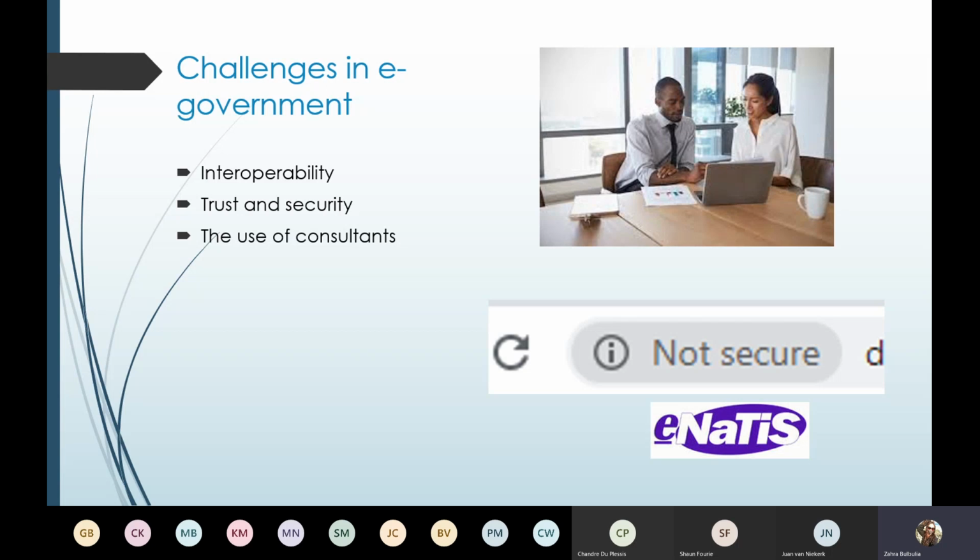People can see that as a bit of a disadvantage. I personally don't, but they do say that that is a challenge in e-government according to your textbook. With the use of consultants, you're not providing for your localized IT department to have that level of skill, or not training them rather.